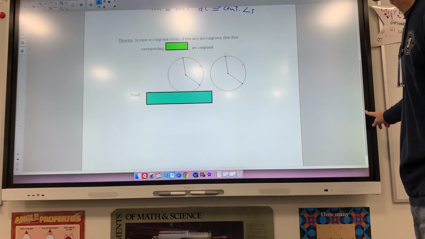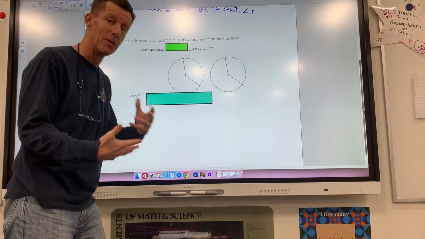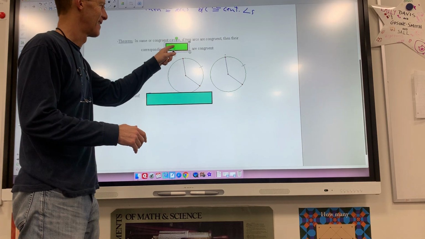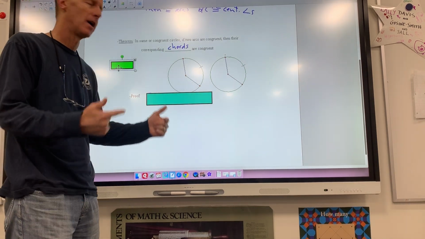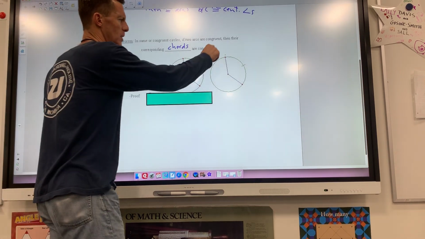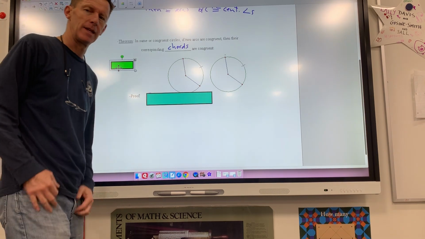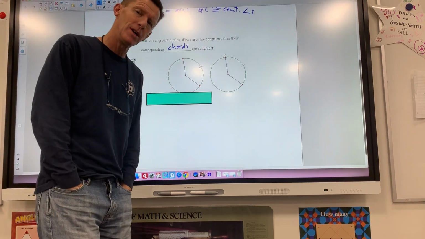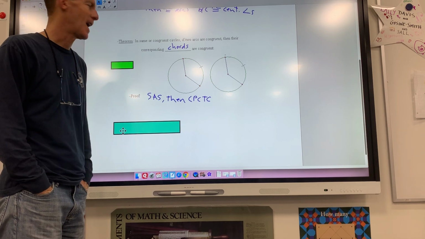In the same or congruent circles, if two arcs are congruent, then their corresponding, what do you think? Chords are congruent. So just kind of going the other way here. We have the arcs are congruent. How would we go about proving this? Any thoughts on what we might use here? Yes, SAS, excellent.